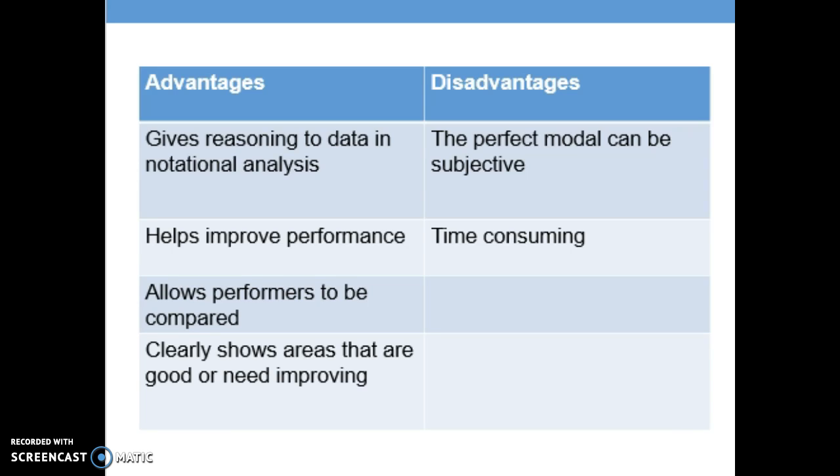It allows performers to be compared, whether this is comparing them to the perfect model or to other people in the team, it's an easy way to have a side-by-side imagery of what's going on in their performance and the perfect model performance.